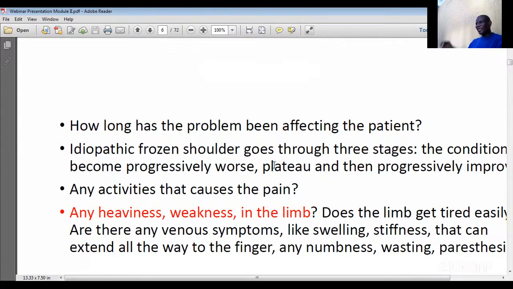Then after that, there can be improvement, even without any medication. Call it idiopathic frozen shoulder, because you know there's a mechanism in the body that gives natural healing in the body. So in that wise, patient may have some improvement. And that's why we will take that it may be that somebody is having idiopathic frozen shoulder.